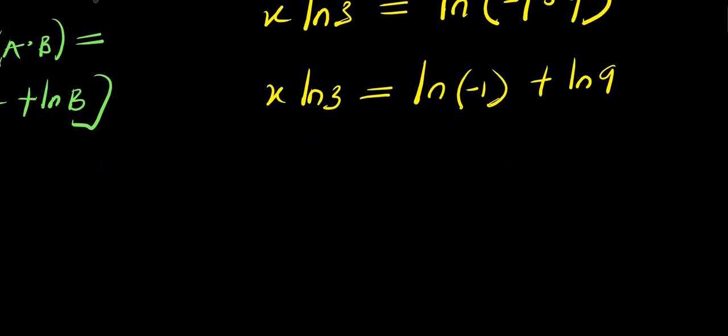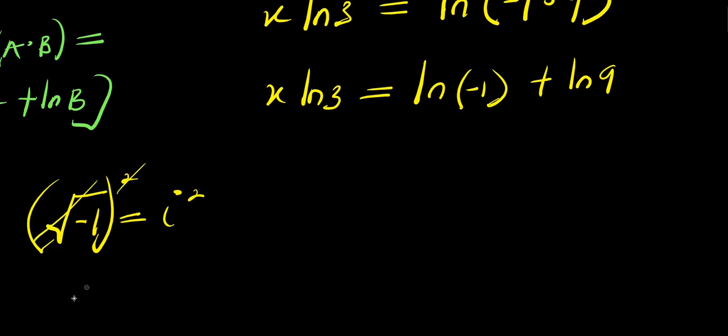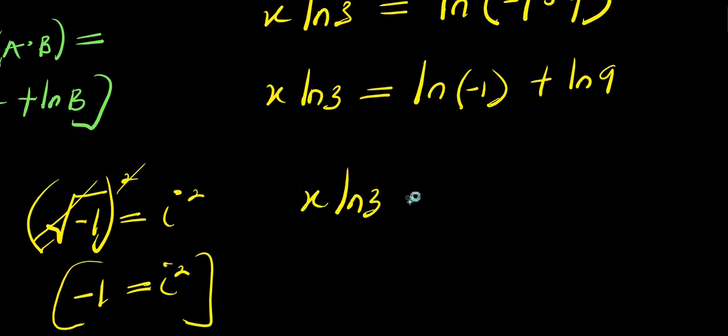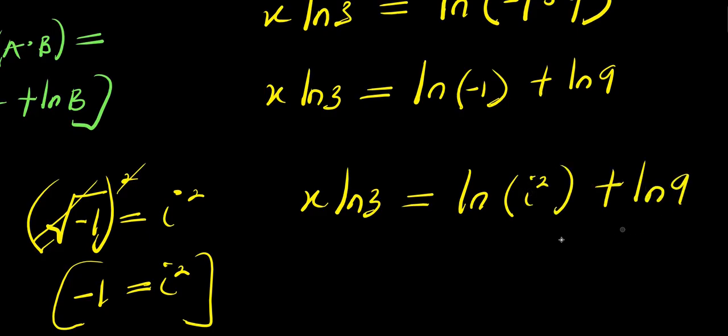And don't also forget that square root of negative 1 equals i. If you take the squares, this cancels this, we have negative 1 equals i power 2. So we have x times natural log 3 equals natural log i power 2 plus natural log 9.